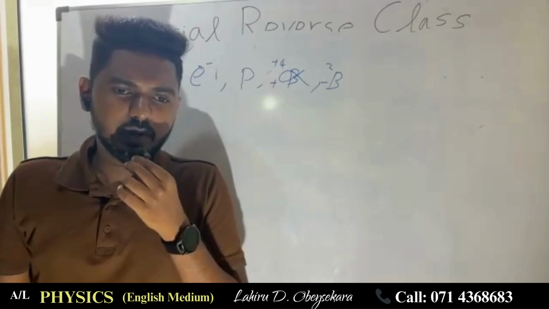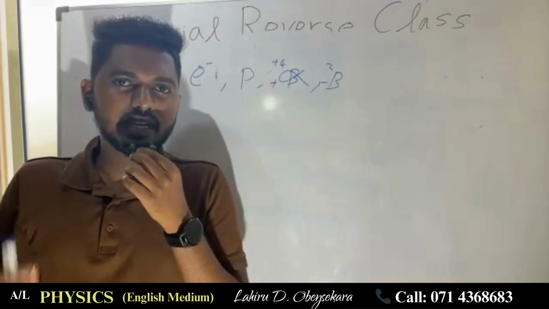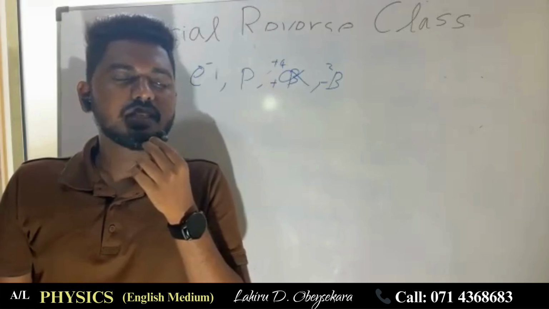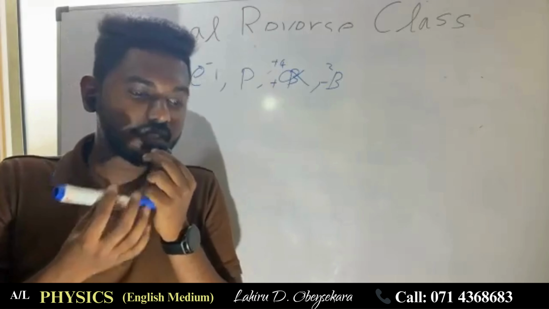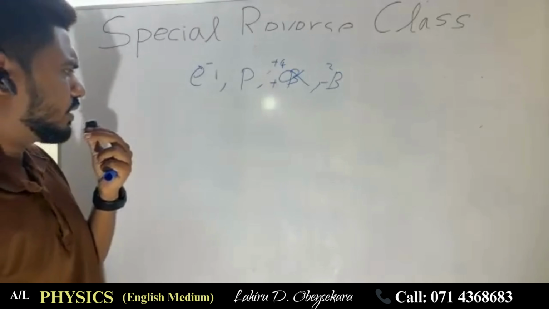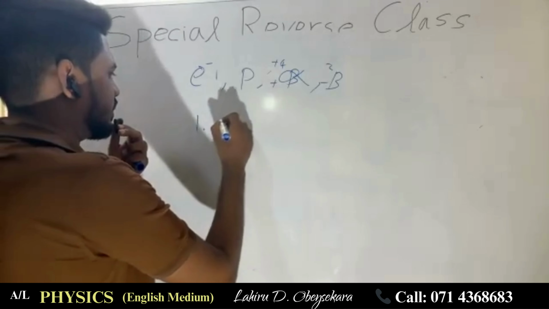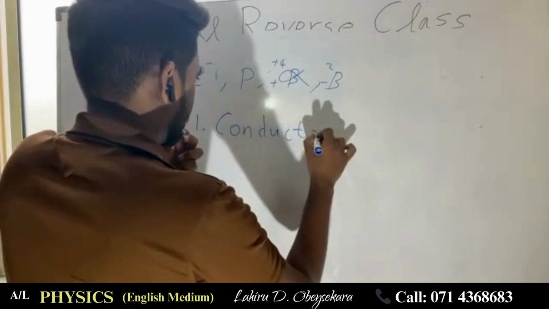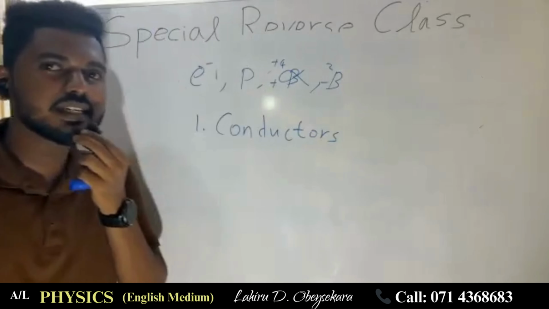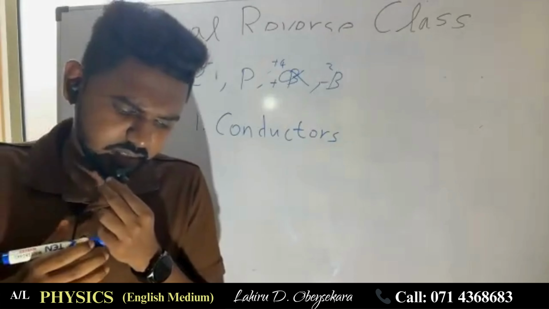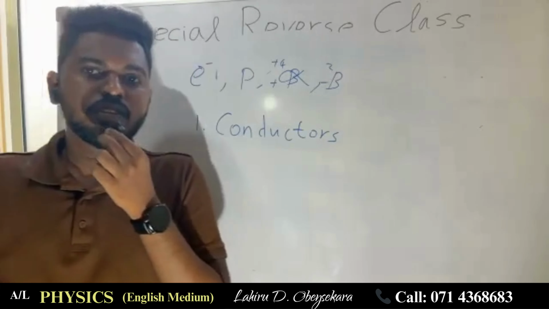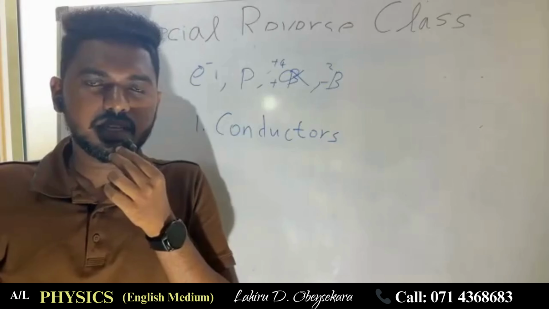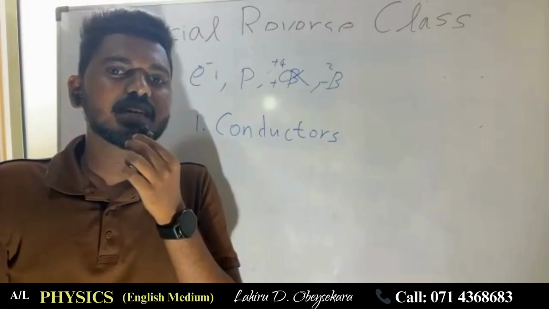So according to the conductivity of the current, we can classify these materials into three groups, right? What is that? First one is conductors. Conductors means, if that material passes current, we can say it is a conductor.